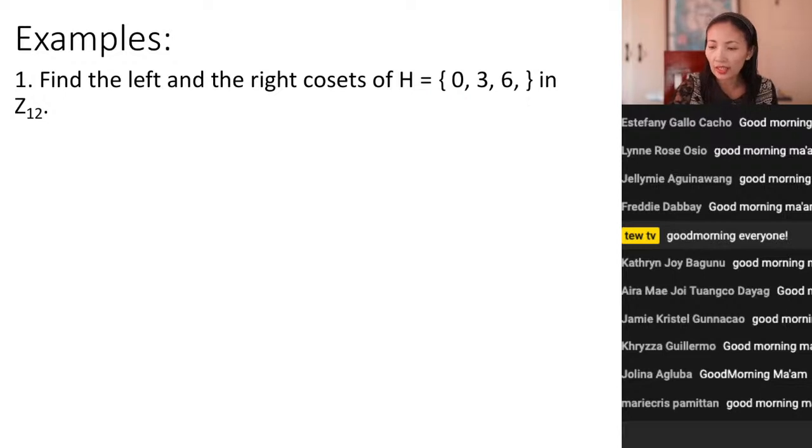Is this a subgroup? Let me check. 3 plus, we lack 1. Let me check. This is supposed to be 0, 3, 6, and 9. That one generated by the element 3.